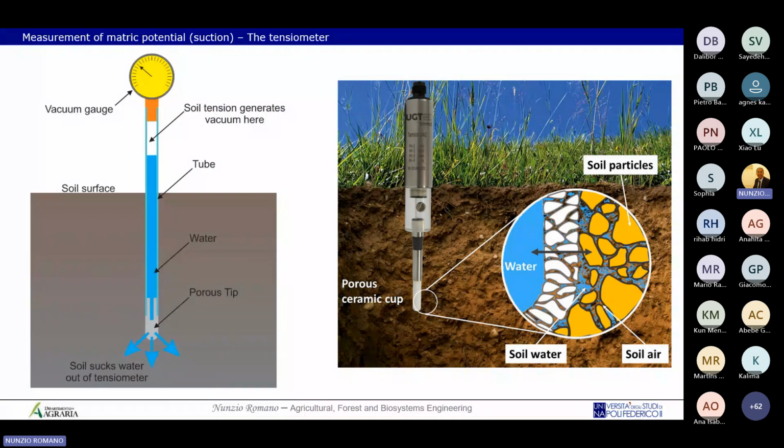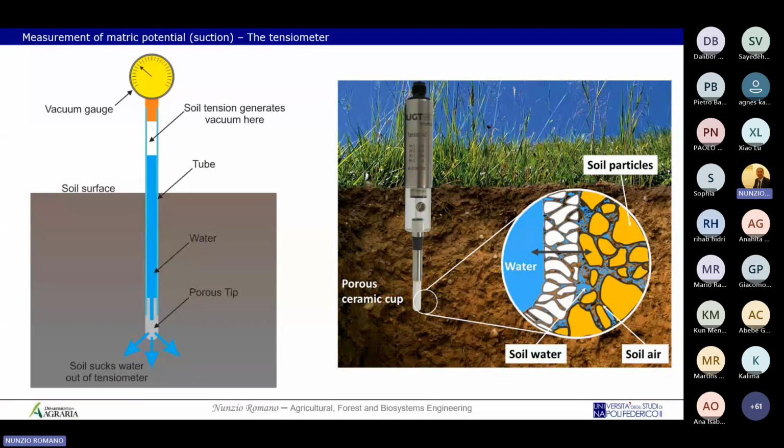So again, if you use only a tube that is open in the lower part, water in the tube just flows out very rapidly. Why? Because the water in the tube has a positive pressure, while the water in the soil has a negative one. So the water goes down very abruptly.